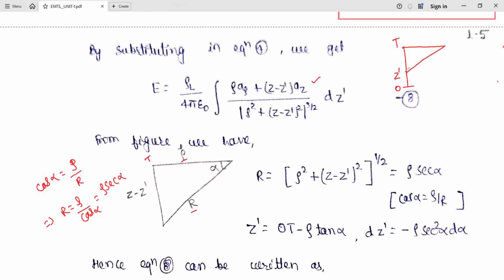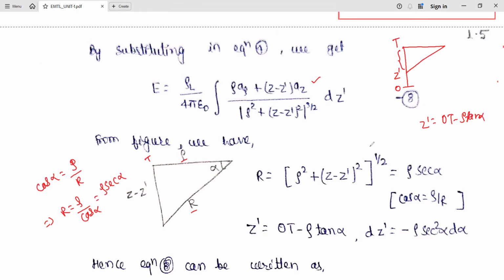So in general, we can write the value of z dash as z dash equal to OT minus this distance. That distance is rho tan alpha, so that's why it's written here as rho tan alpha.